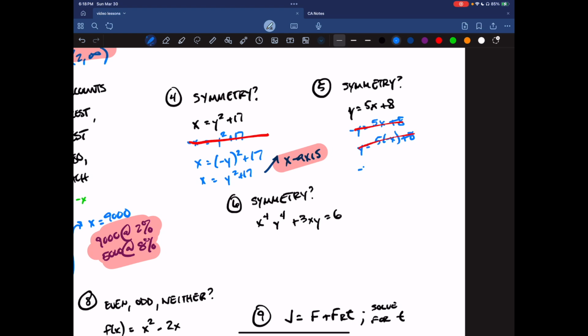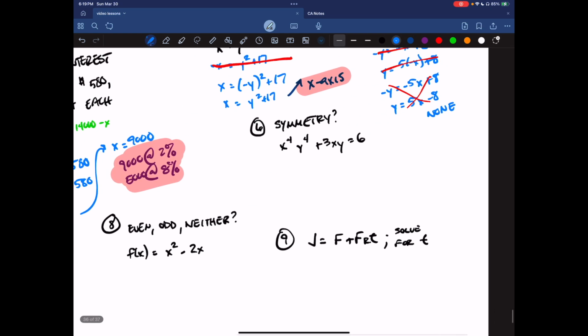I get negative y equals negative 5x plus 8. Right? If I divide the negative from both sides, it's going to be y equals 5x minus 8. So close. If that 8 didn't change its sign, then this would have been origin symmetry. But this doesn't have anything. So I tried everything. This doesn't have symmetry at all in regards to the axes.